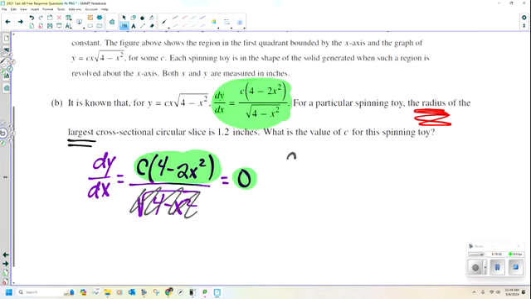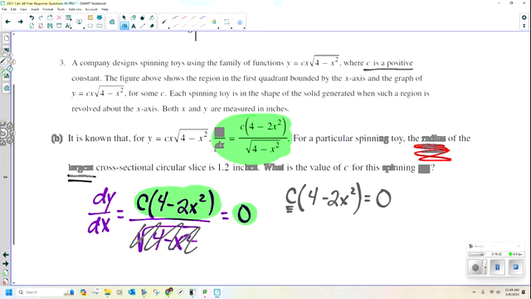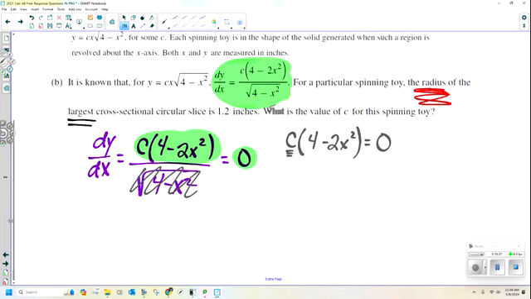In order for c times 4 minus 2x squared to equal 0, let's remember, they told us that c is just some number. That's not a variable. If we look up here in the top right, it says c is a positive constant. So even if it's 6 or 2 or 3, whatever this number is, if I divide both sides by that number, 4 minus 2x squared equals 0 divided by any number.